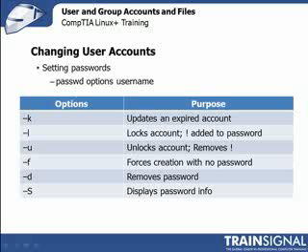Then we have -F, which forces the creation of the account with no password. Then we have -D, which is used to remove the password. And finally, -S, which displays information about the password, like whether or not it's set and the type of encryption it's using. Let's head back to the terminal window and set passwords for all our new accounts.